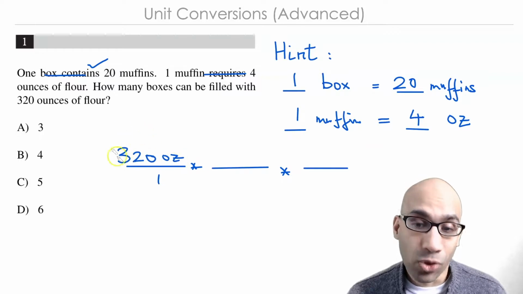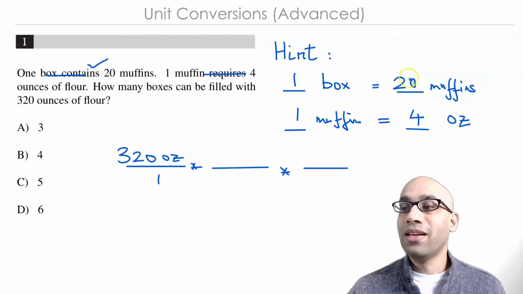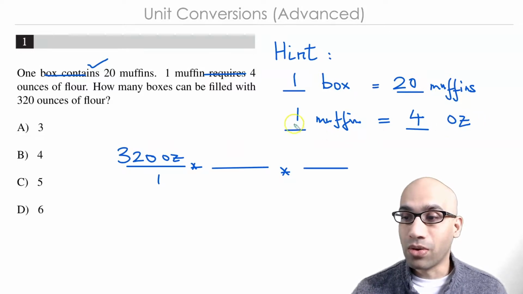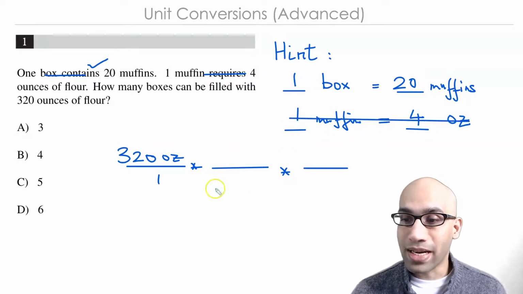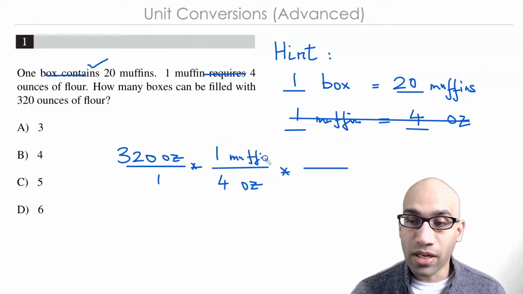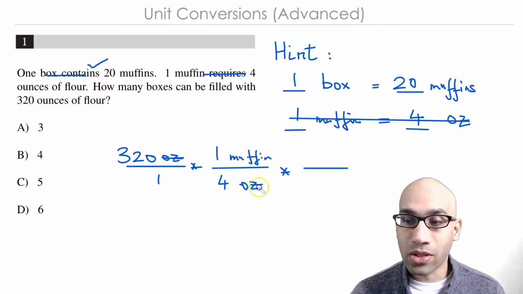So let's see, you start with 320, then you find out which equation has ounces in it. This is the only one. So you're going to cancel it out. Just write down 4 ounces at the bottom because you've got ounces in the top. And because you've got 4 ounces corresponding to one muffin, you can just write down one muffin here. You can cancel out ounces with ounces.